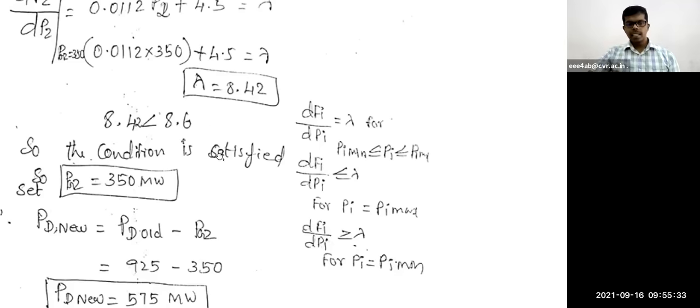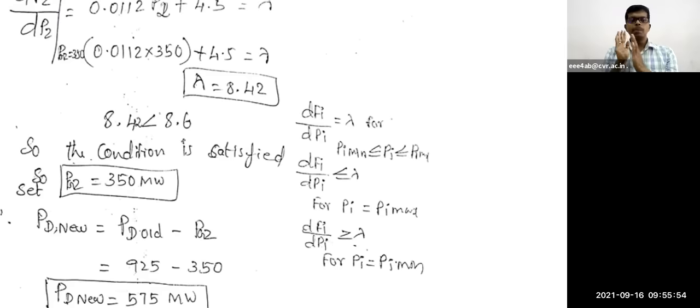So 8.42, that is dF2 divided by dP2, is less than the lambda value. So this condition is satisfied. Now only we are concluding.